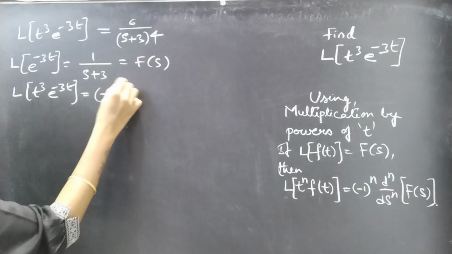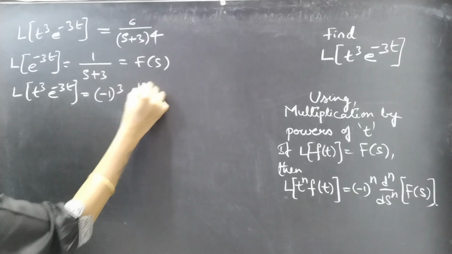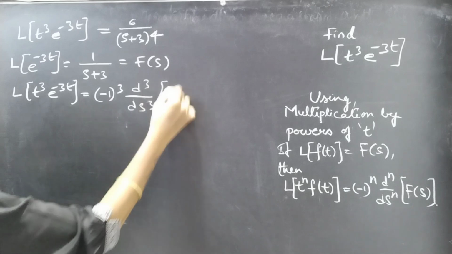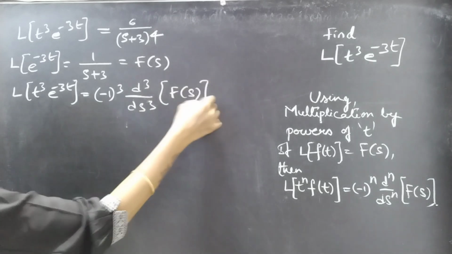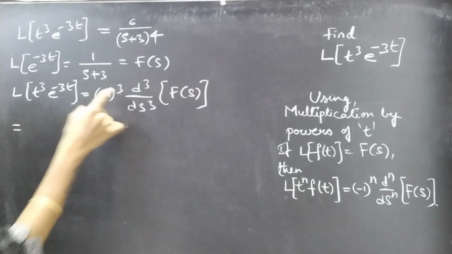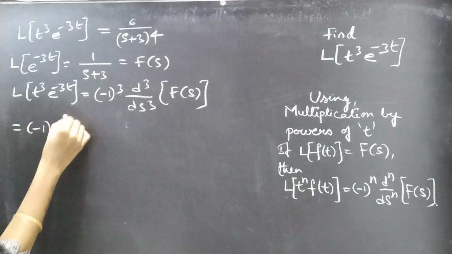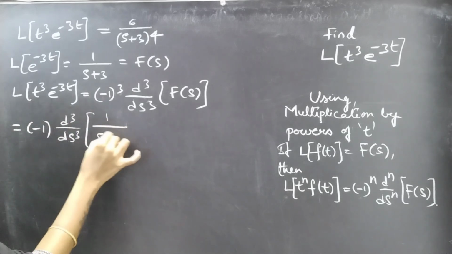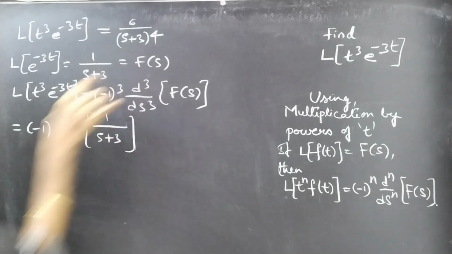For n equal to 3, you'll have minus 3 whole cube into d cube by ds cube of f of s. Just replace f of s here. Minus 1 whole cube is minus 1 into d cube by ds cube into 1 by s plus 3, which is our f of s, right?